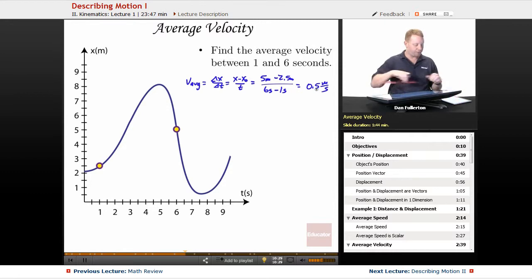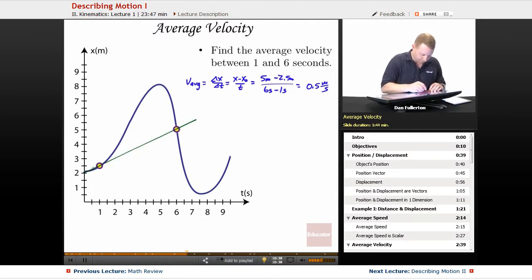Interestingly, though, we could also look at the slope here. If we try and take the slope for those 2 points, we'll pick a couple points on our graph. Looks like an easy one to pick will be 0, 2. And I'll also go over here to 6 seconds and say that we're at 5.